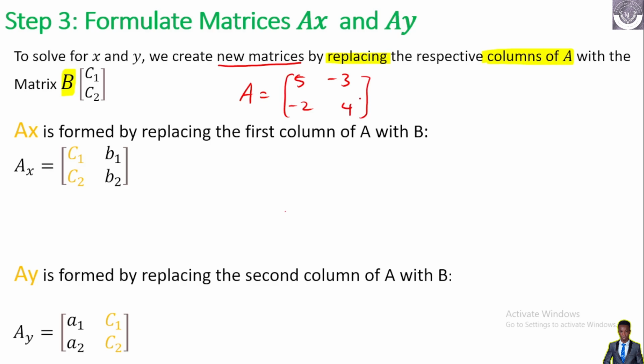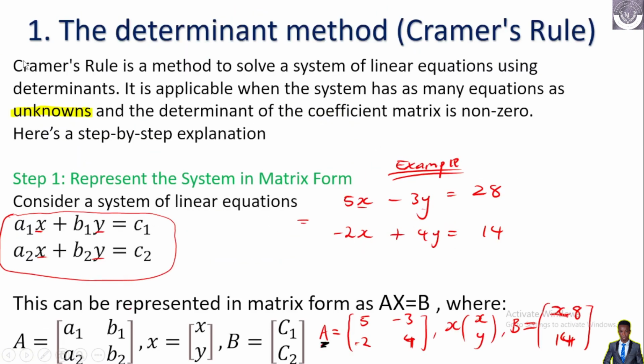So from this, we are going to form another new matrix that is called AX. But how do we form AX? Remember, from the original question, we can notice that we have this 5x minus 3y. This aspect here is the x column. So we are going to replace the coefficient of this x column with the constant. That's what this third step is saying.